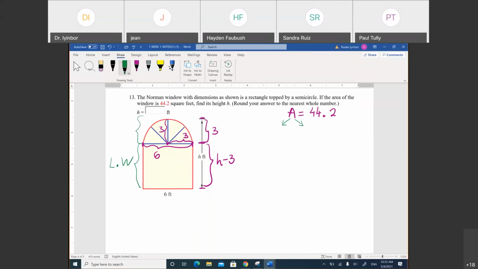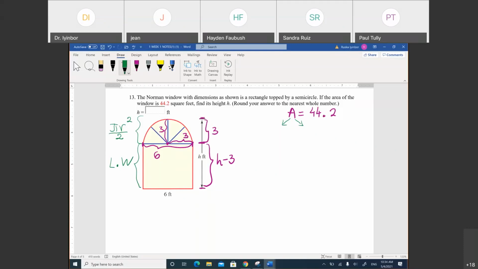Area of circle is pi r squared. And you're going to divide it by 2 because it's a semicircle. So these are the formulas for semicircle, the top part of the window, and area of rectangle, the bottom part of the window. Everybody understand the formulas? Yes. So now let's apply the formulas having the h and the numbers here. So the length times width, what is going to be the area of this rectangle?